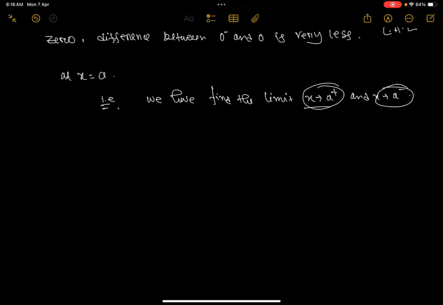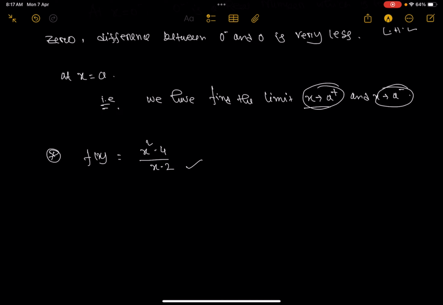Okay. For understanding the concept of limit, we go to some problems. How to find the limit at x equal to A? Suppose you are given a function f of x equal to x square minus 4 by x minus 2. By this function, we get a good knowledge about the limit.